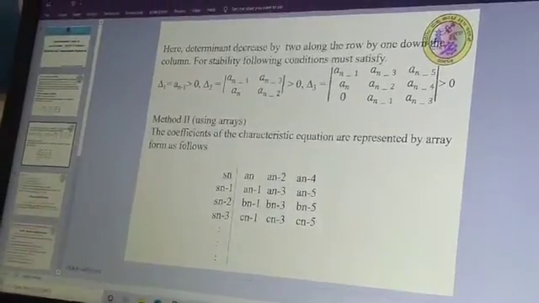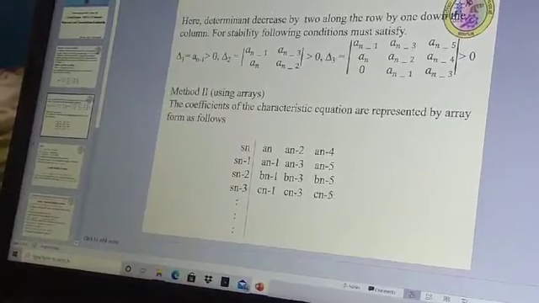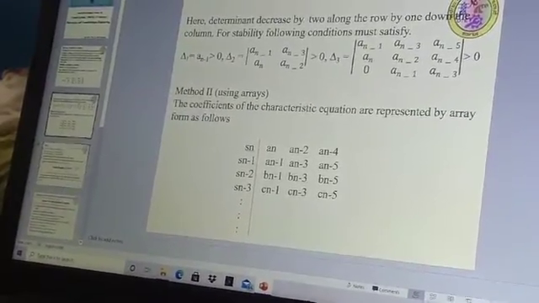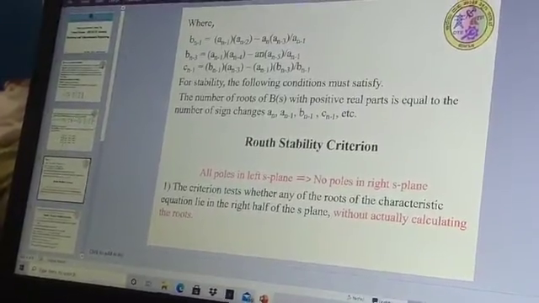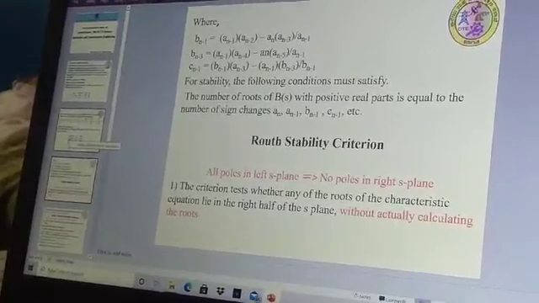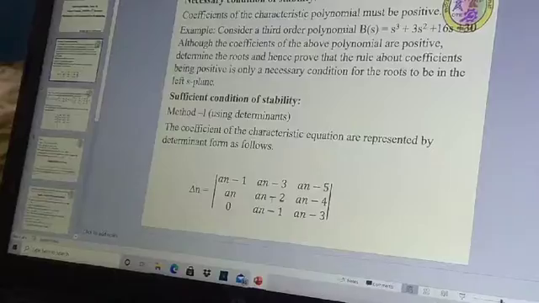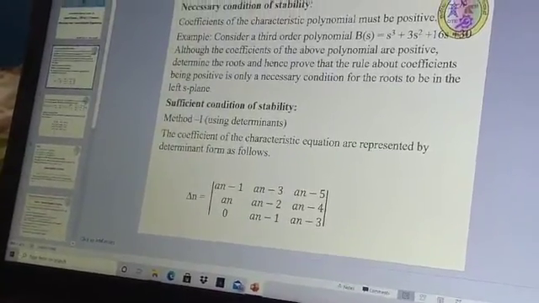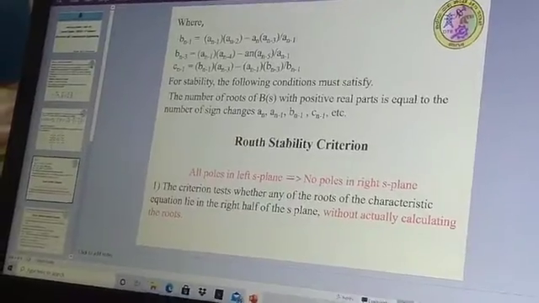After that, bn minus 1, bn minus 3, bn minus 5, cn minus 1, cn minus 3, cn minus 5 you have to find by calculating the array. So bn minus 1 is equal to an minus 1 into an minus 2 minus an into an minus 3, divided by an minus 1.